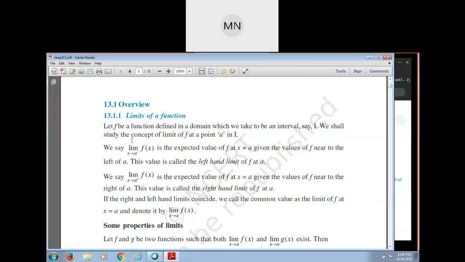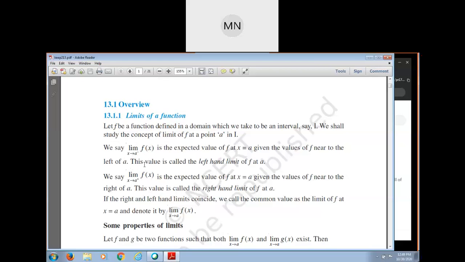And if both are equal, then we say that this common value is called what? The common value is 0. No, we directly cannot set x equals 0 because we consider the particular point a.